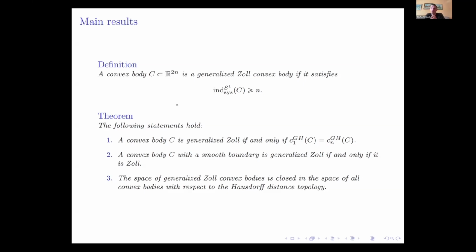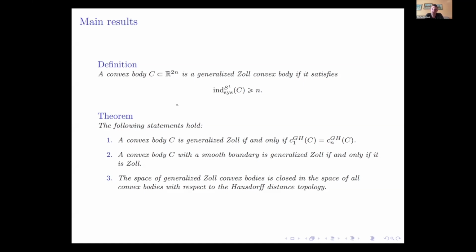So, for instance, if there is a convex body which is a strict subset of a generalized Zoll convex body and has the same first capacity, it must follow that it's a generalized Zoll convex body.